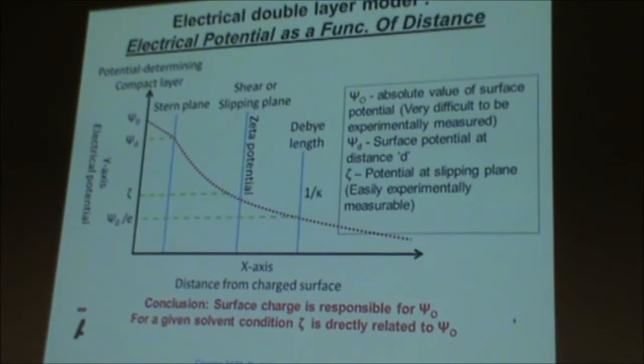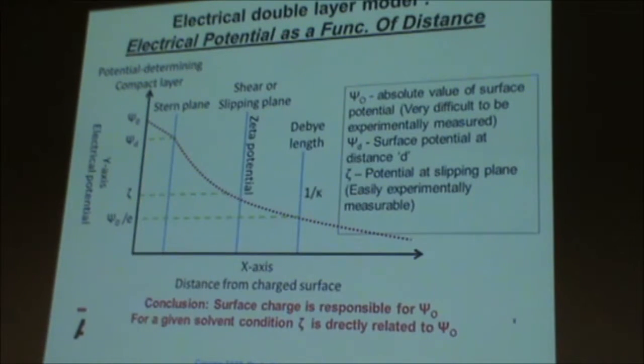Why is that? Because the electric field is attenuated by the counter cations, as I told in the previous slide. As you move into the Stern plane, where there are counter ions that are not diffusing, you have a linear variation. From this point to this point the potential drops linearly, and then from the Stern plane onwards it drops exponentially.